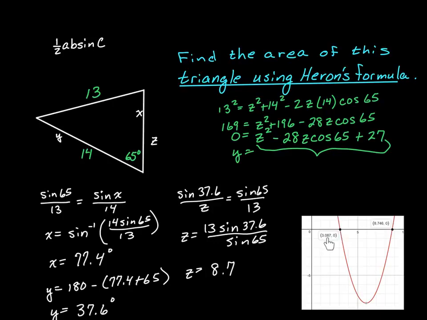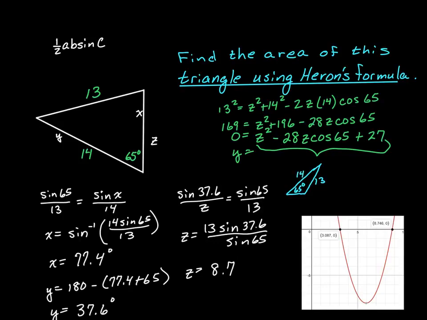you have an obtuse triangle, which means your triangle would be like this because your 65-degree angle is here, the 13 is over here, and 14 is over here.